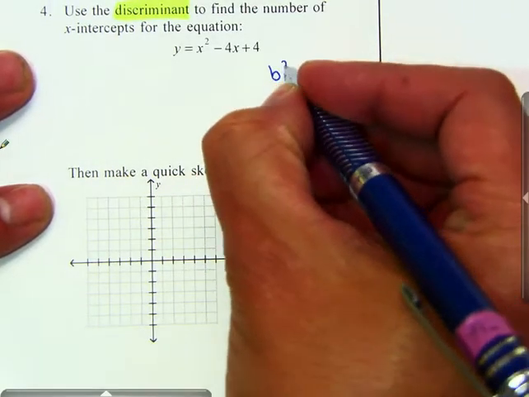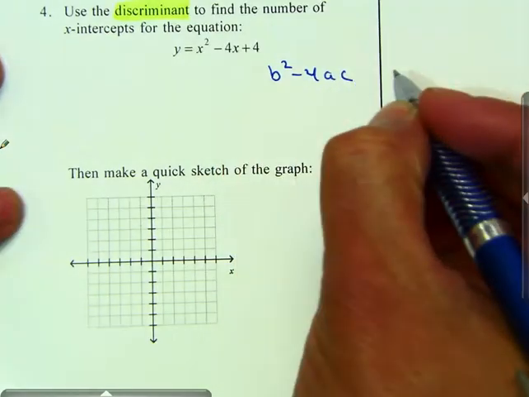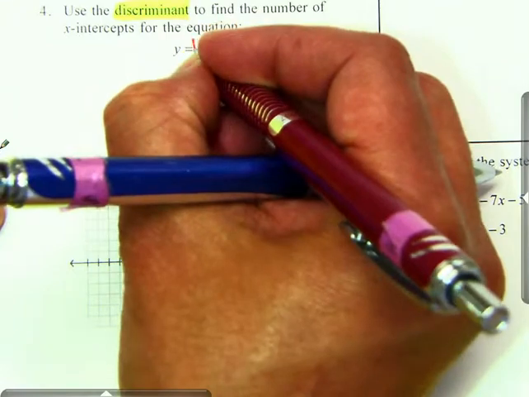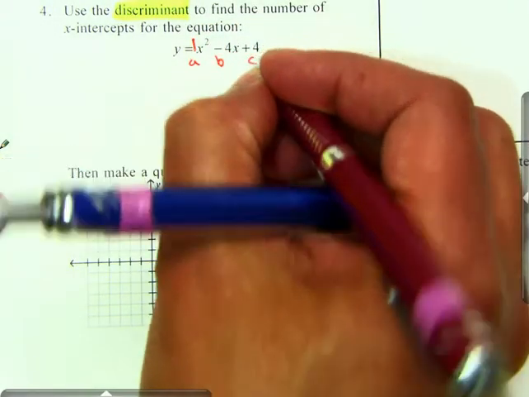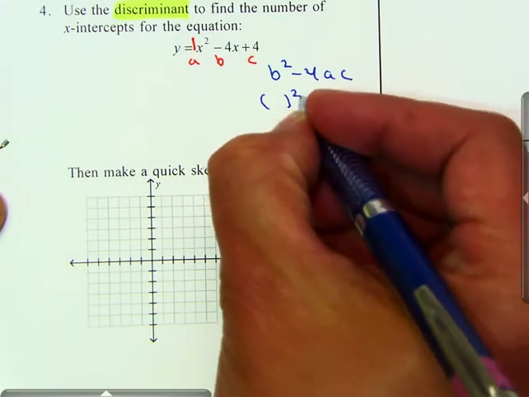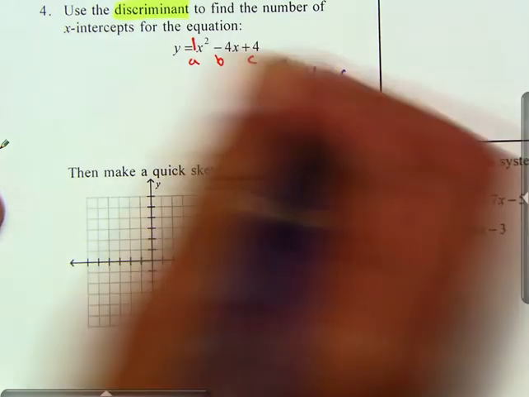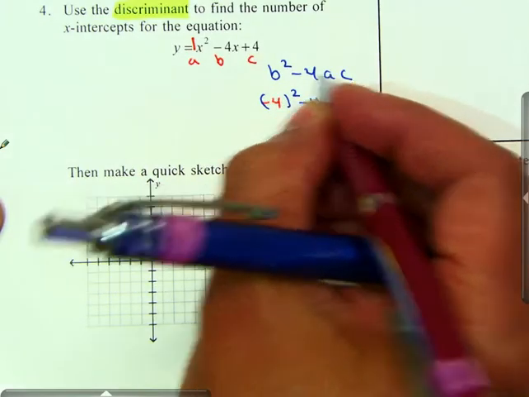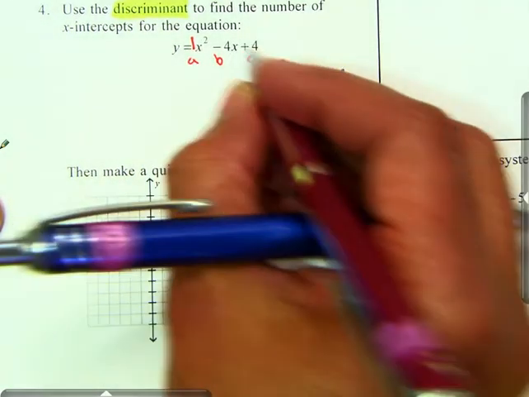It's b squared minus 4ac, where this is your a, 1, there's no coefficient, b and c. So I'm going to simplify. b squared minus 4ac. I'm going to substitute the values. b is negative 4, a is 1, and c is 4.